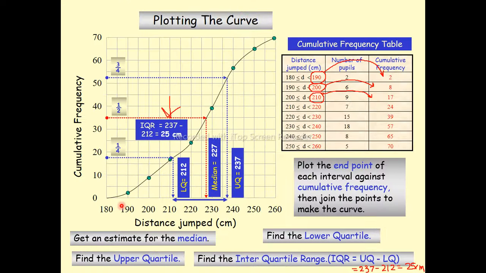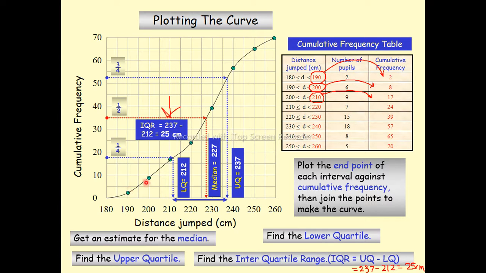Let's go back to the other question. We have between 180 and 190. The frequency was 2, right? Would you agree? And then here we say 8, so that's gonna be 8 minus 2, which is what?